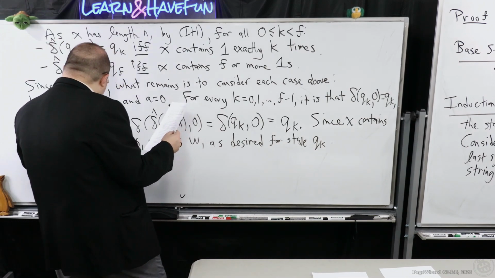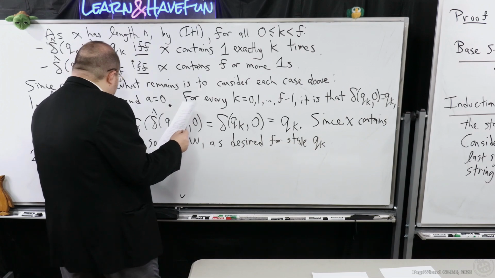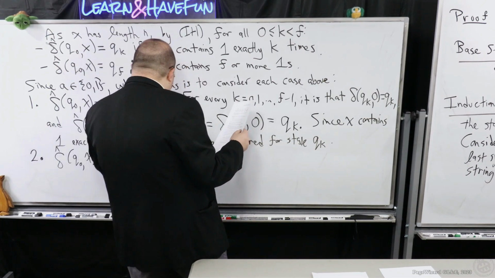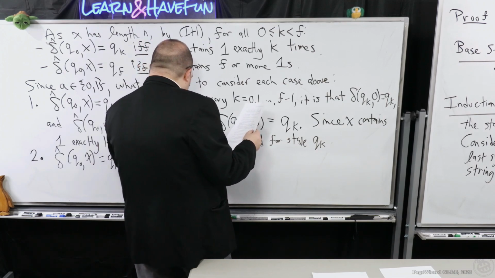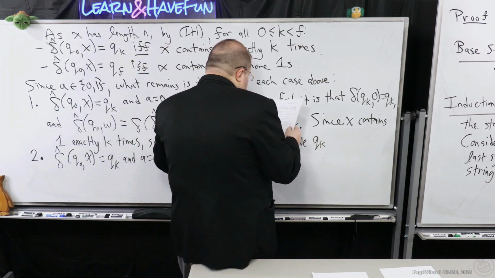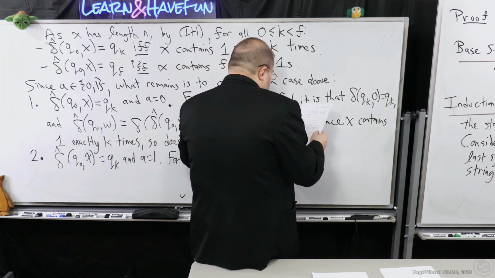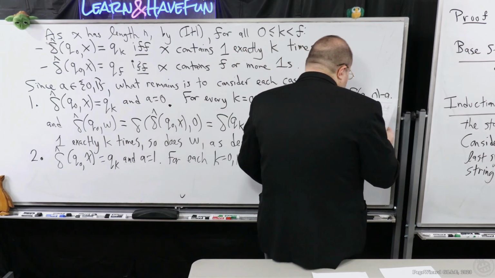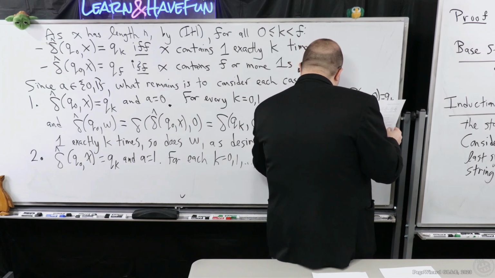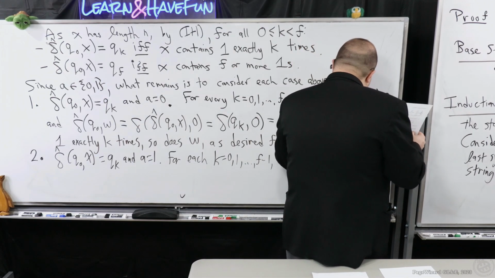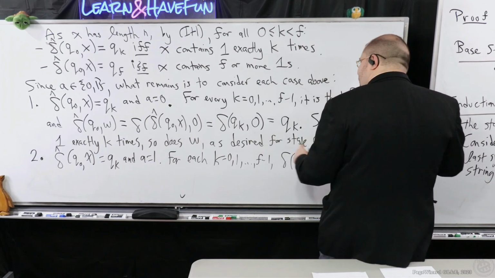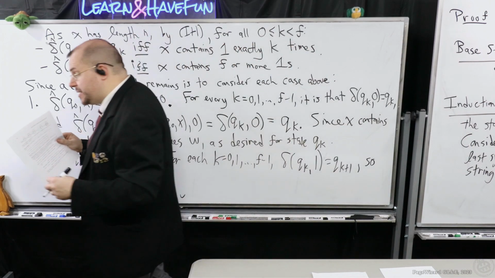So upon reading x, we're in qk, and we're reading a 1 next. So again, we can state for each k the following. For each k equal to 0, 1, all the way up to f minus 1, delta of qk on a 1 goes to qk plus 1, right? Go to the next one, advancing 1 along the directed chain.